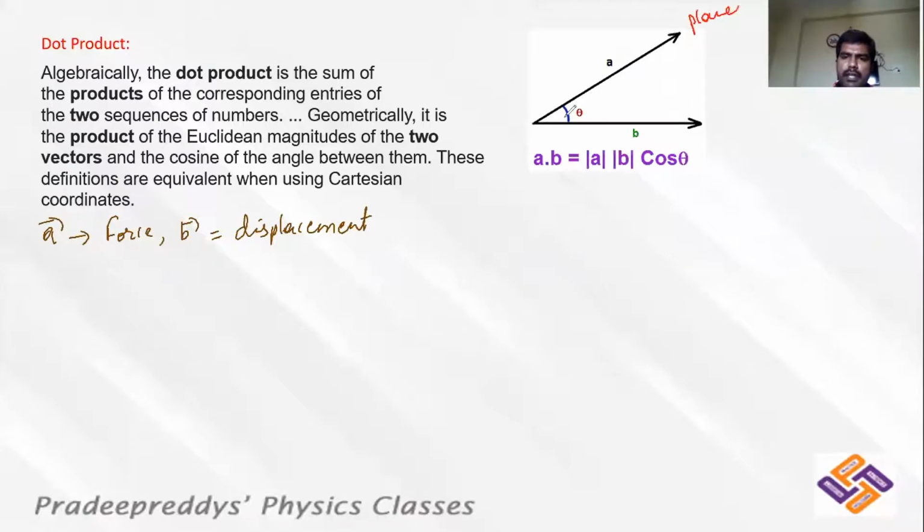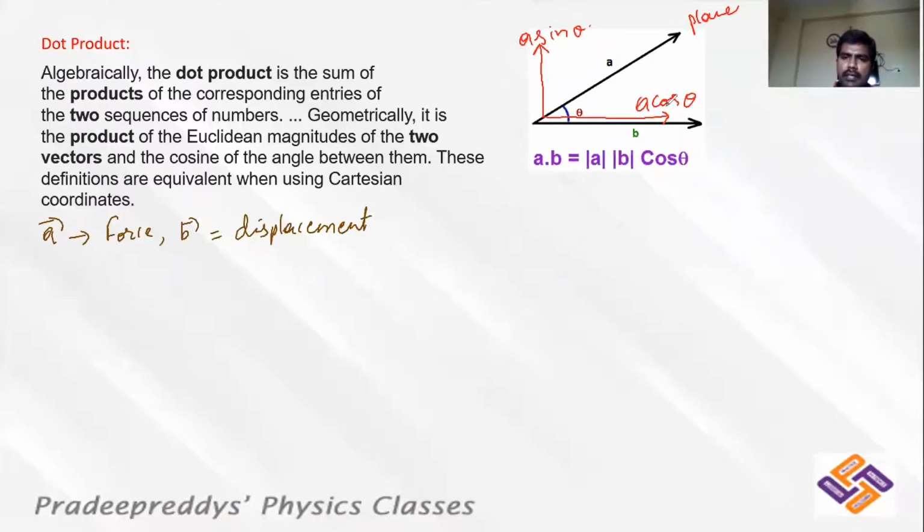This is the horizontal component, which I can write as a cos theta, and the vertical component, which I can write as a sin theta, right? So this is one way of resolving the vector which is in the plane into its components a cos theta and a sin theta.